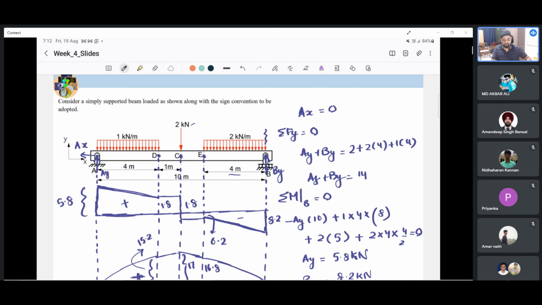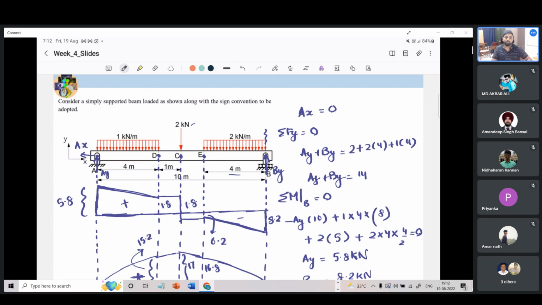If you are working for grades, or this is part of your course, then I would highly recommend that you solve a couple of examples and get your doubts clarified, because the sign conventions can sometimes be a little confusing. But once you get the hang of it, nothing is more scoring than trusses and beams. It is the most scoring of the entire portion of engineering mechanics, if you ask me. So it is very essential that you understand this correctly.